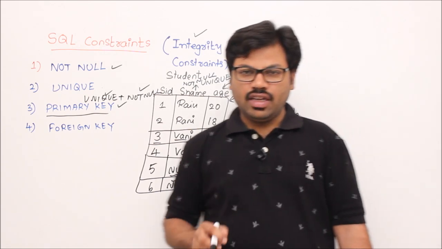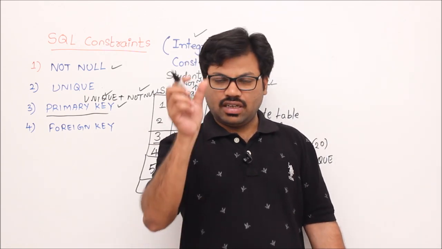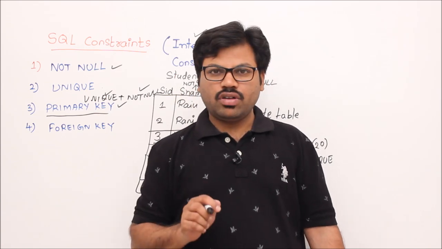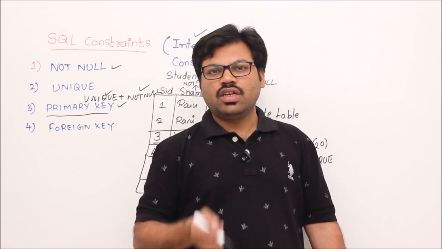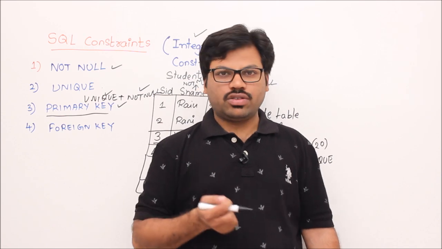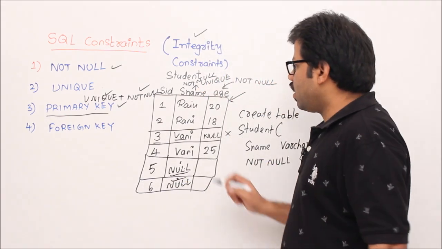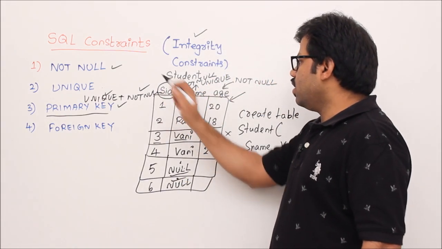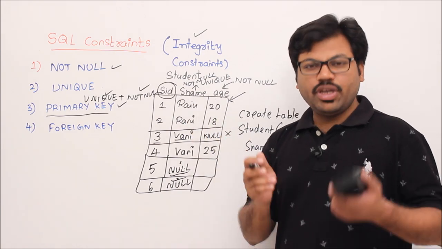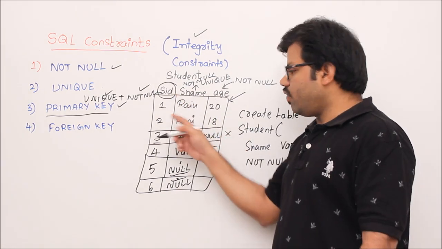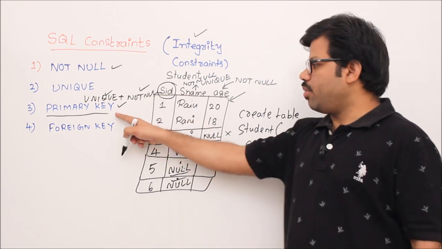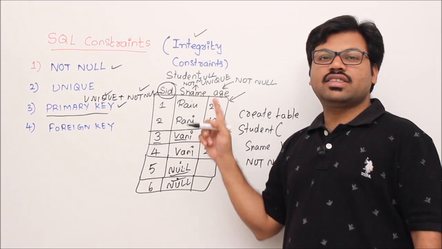Okay, so generally primary key is whenever you impose on an attribute that cannot take duplicate values and cannot take null values. So example here, in my student table, the student id should be a unique identifier. I will tell you the purpose of primary key, why I will make sid the primary key.